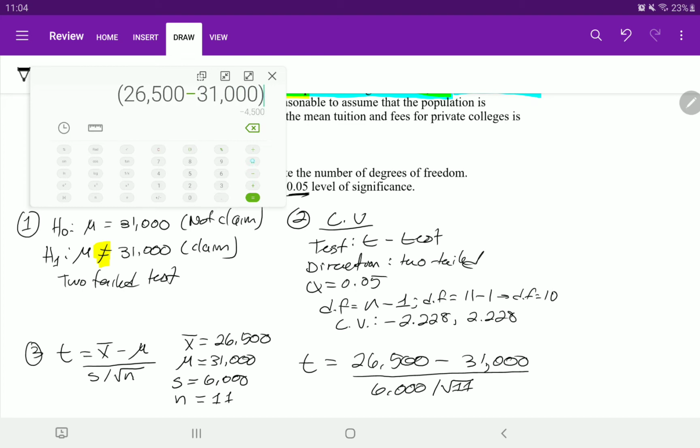Close that up. Divided by, open parentheses, $6,000. Excuse my lisp a little bit. Divided by the square root of 11. Close that bad boy up. Take 3 numbers after the decimal. My test statistic is going to be negative 2.487. That 4 right there keeps that 7 the way it is.